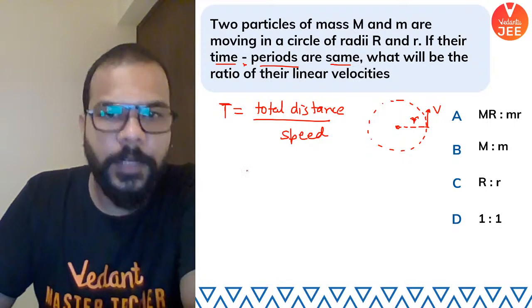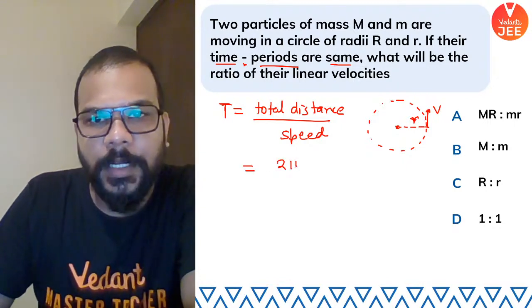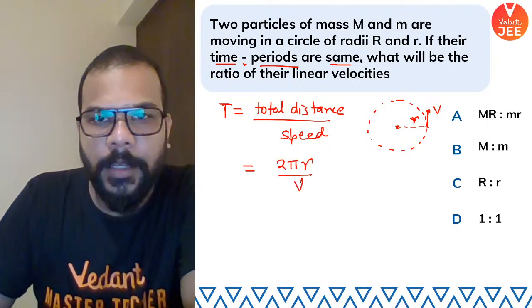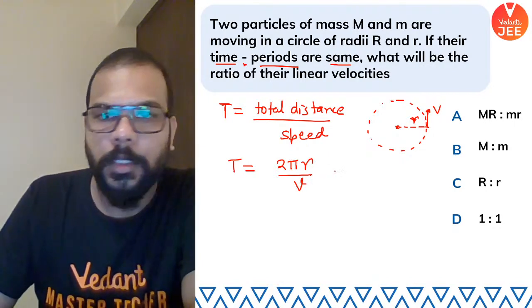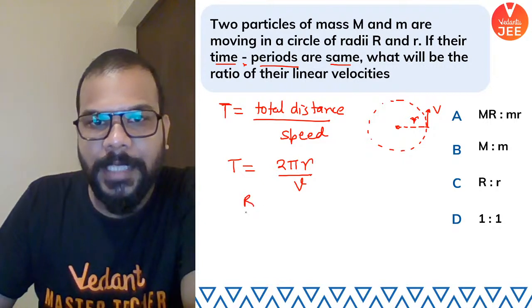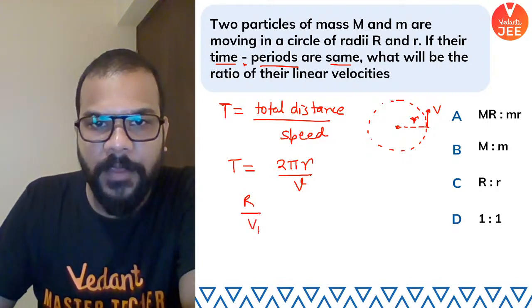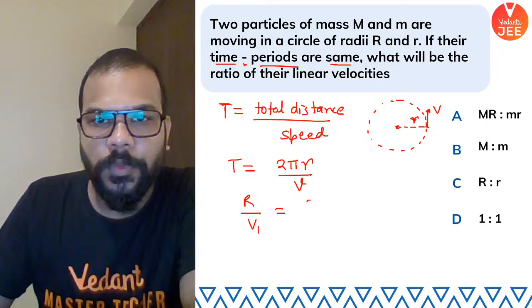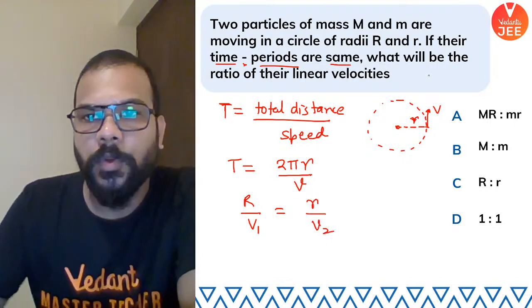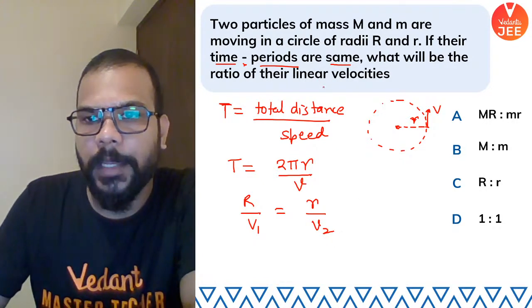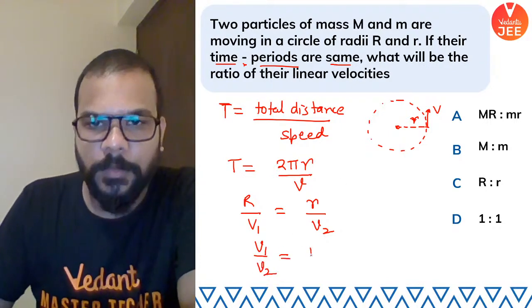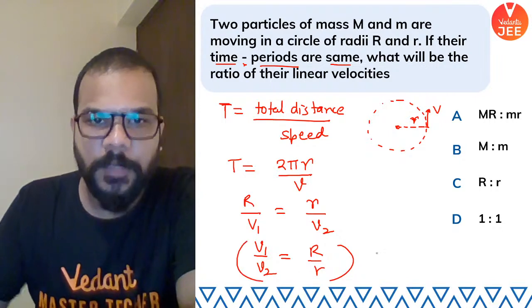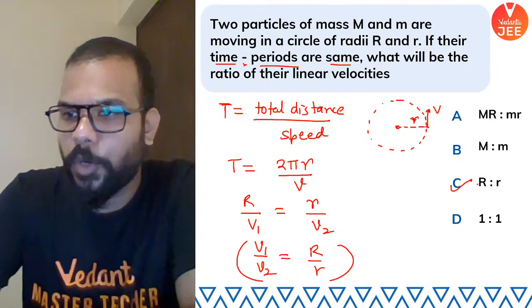That's the formula that you will use. So the total distance covered in a circle is going to be 2 pi r and speed is going to be v. And this is given to us as same for both the particles. So that means capital R by V1 will be equal to small r by V2. Question is asking us to calculate the value of V1 by V2. So V1 by V2 comes out to be capital R by small r, which means the answer is option C.